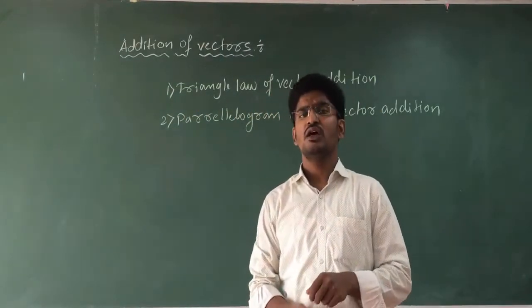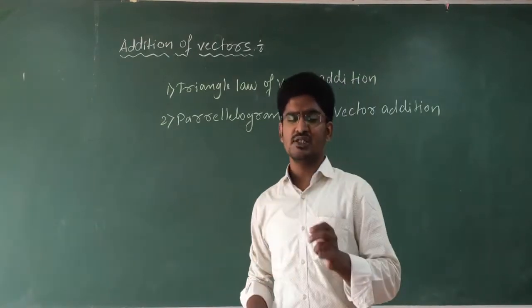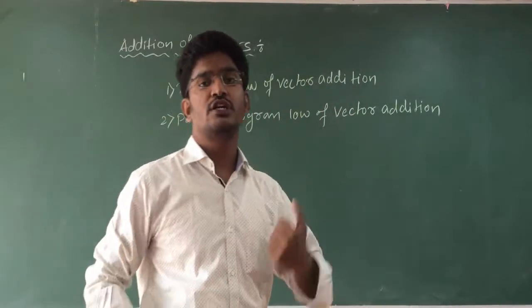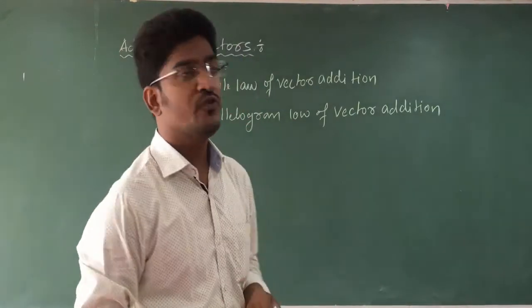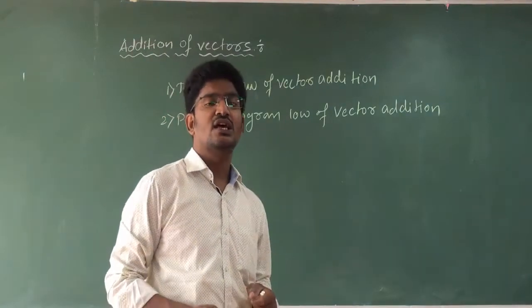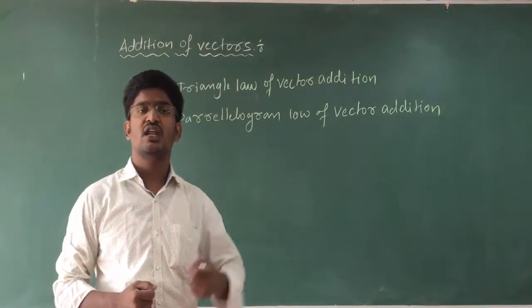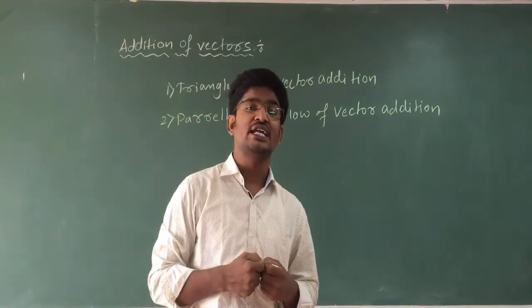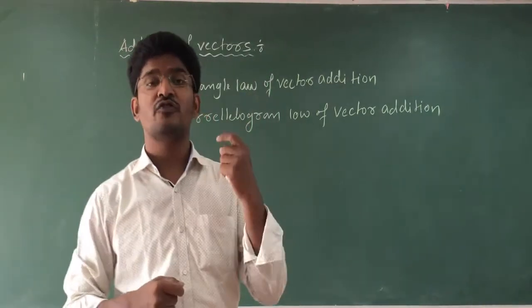Here the addition of two vectors is also called the resultant of the two vectors. First let us go with triangle law of vector addition and see how we are going to add two vectors, that means how you are going to find the resultant of two vectors.